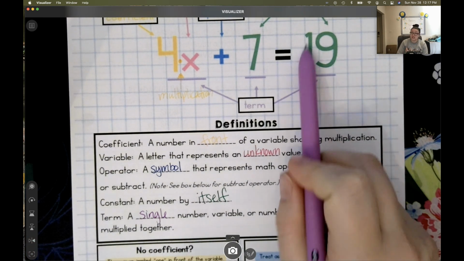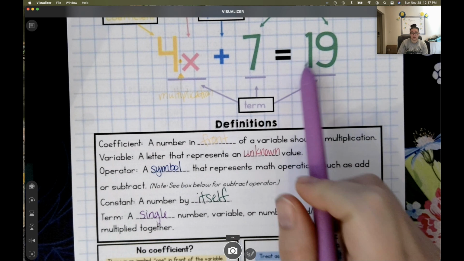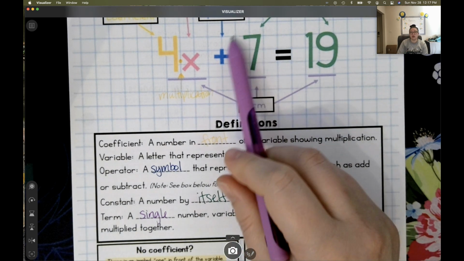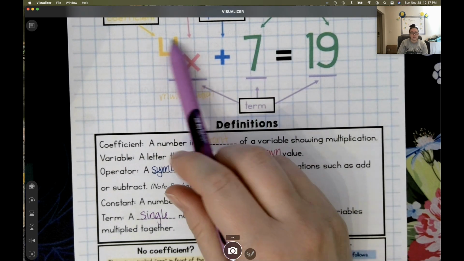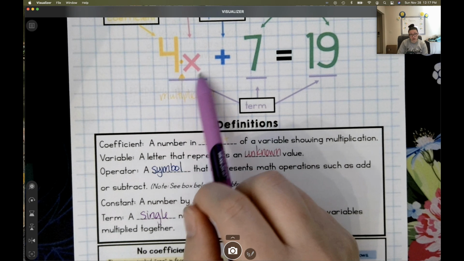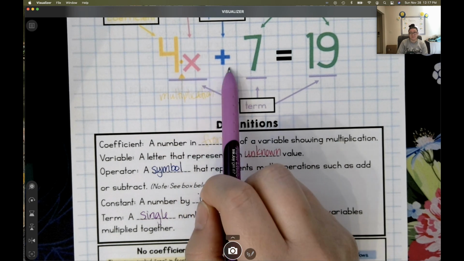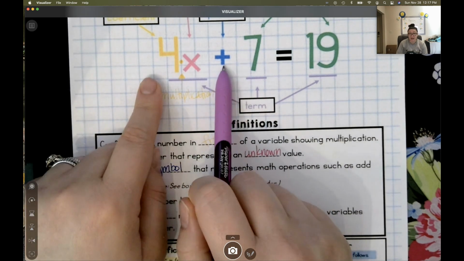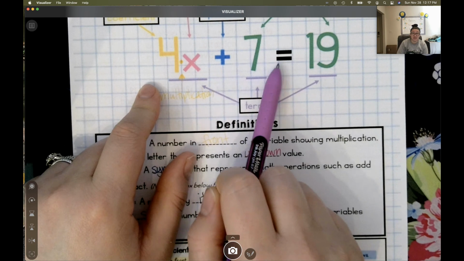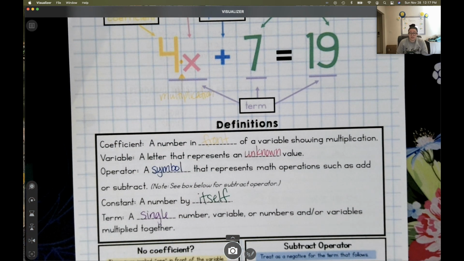So 19 is a term because it's by itself. 7 is a term because it's by itself. 4x together is a term because they're together. Basically, if it's separated by an addition, subtraction, or equal sign, that helps make it a term.